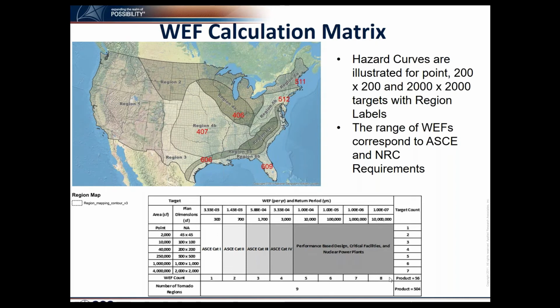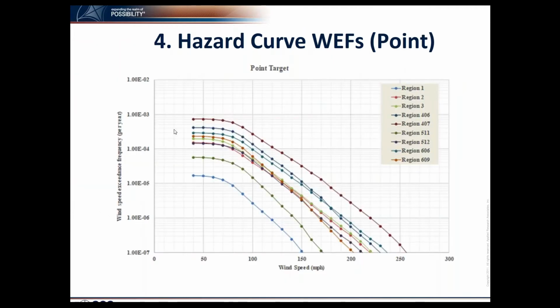This includes all the regions and subregions. So this is showing another hazard curve for the point targets for all the 9 regions. And as you can see, region 407 has the highest hazard compared to the other regions, and region 1 has the lowest hazard.